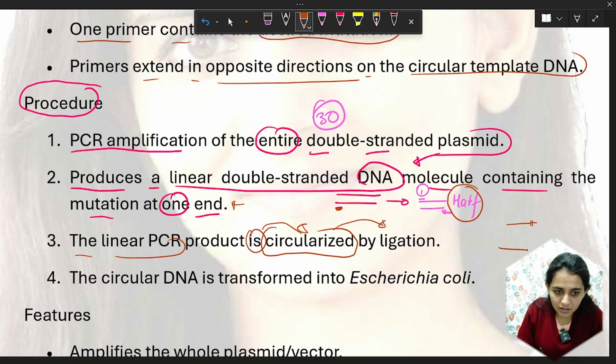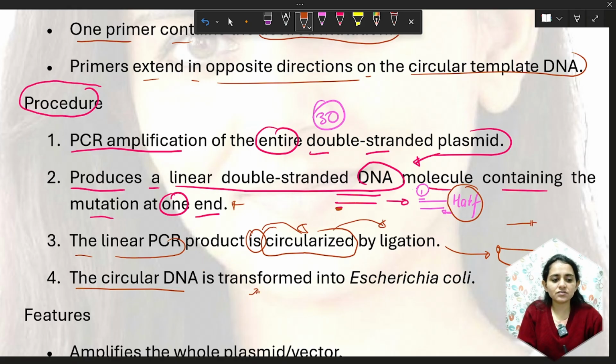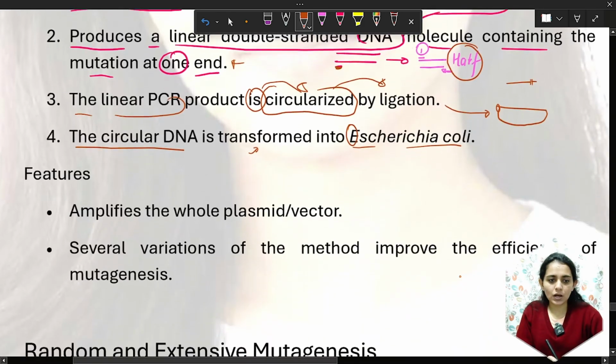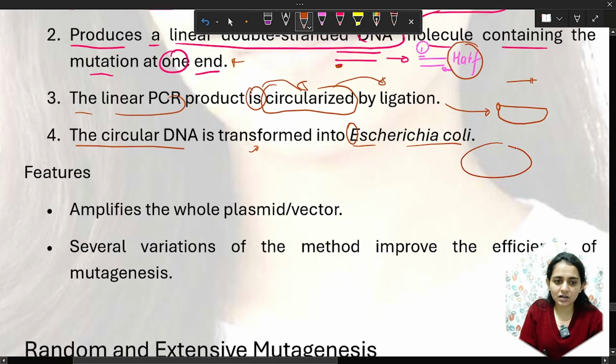So if this is linear, we circularize it and attach these ends with the help of ligase enzyme. Then the circularized DNA is transformed into E. coli. E. coli is the bacteria where we transform our modified circularized DNA strand or plasmid.